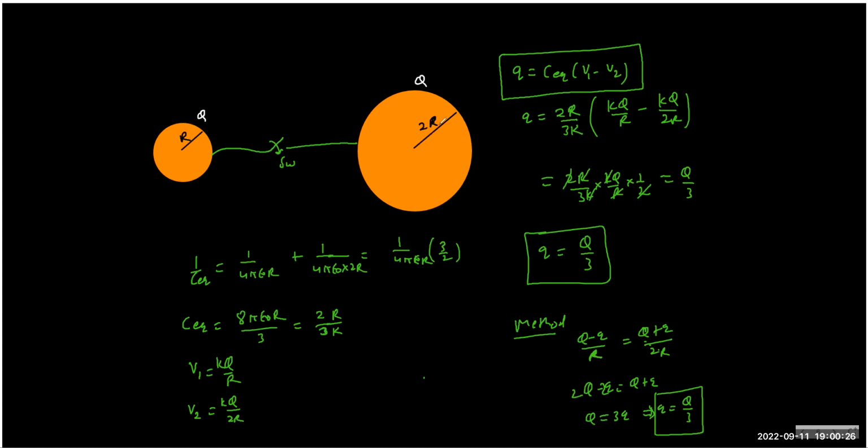So if they give you potential only, let's say 10 volt, 20 volt, if they don't mention the radius, you can go by this method. And then they will give you the capacitance. So in the context, you have to understand which one is the best way to approach. So, continuation of the previous problem.